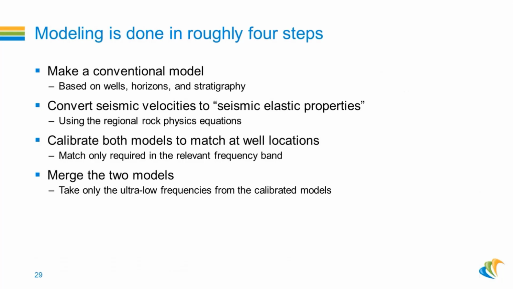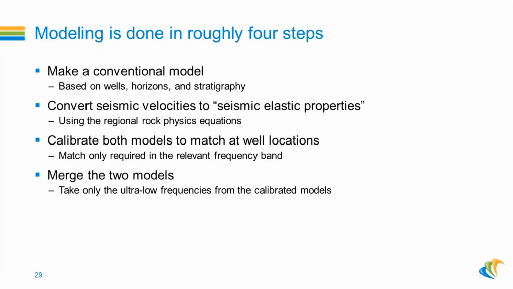So we're making 4 steps here. We're going to make a conventional model. That means we're going to use our Earth model technology to interpolate wells based on horizons and stratigraphy. And then we're going to convert the seismic velocities to seismic elastic properties using regional rock physics equations.